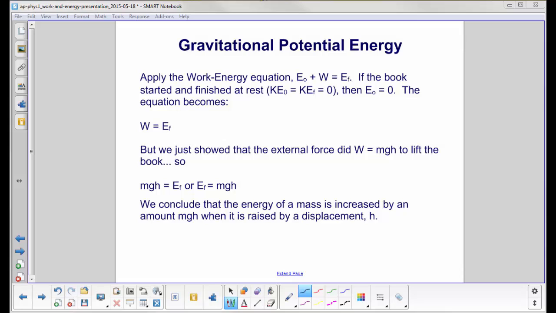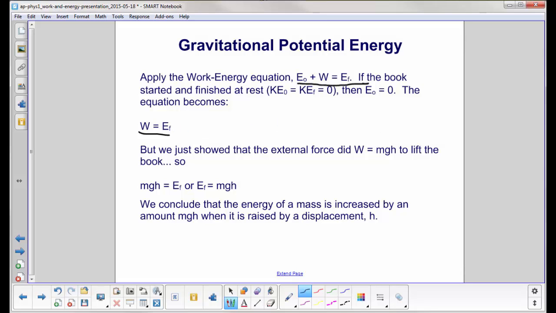The next step is to use the work-energy equation, where your initial energy plus work equals your final energy. We're assuming that the book started and finished at rest, so the initial kinetic energy was 0 and the final kinetic energy was 0. That gives us an initial energy of 0. The equation simplifies: the work done here by the external force is the final energy.